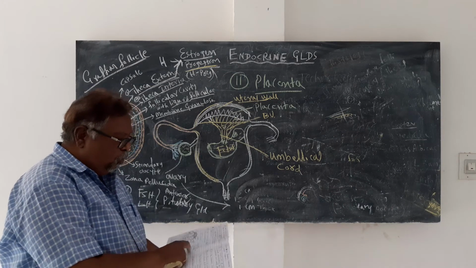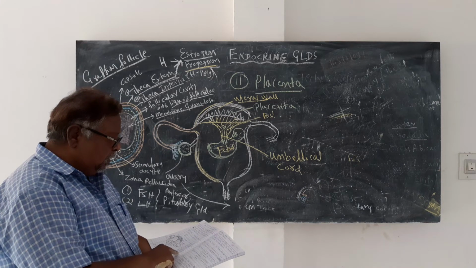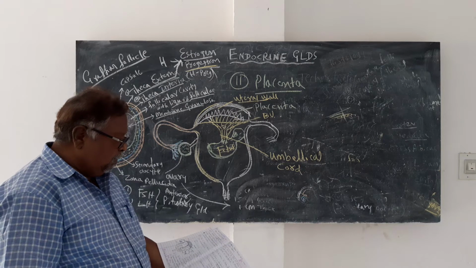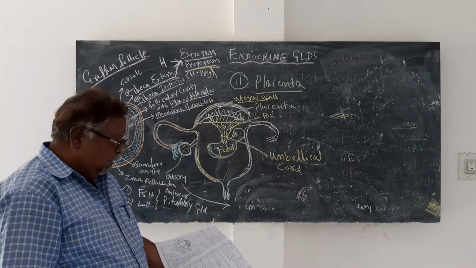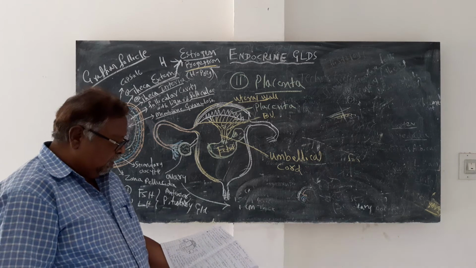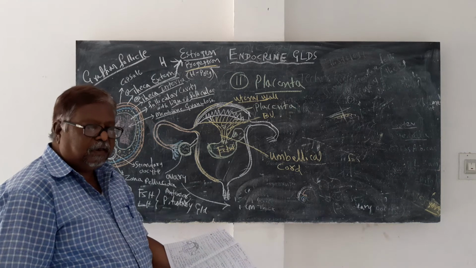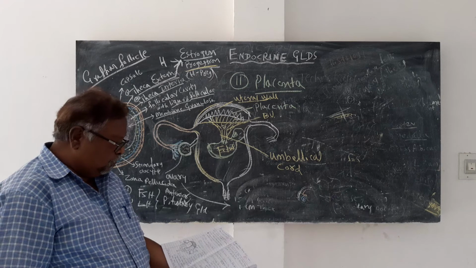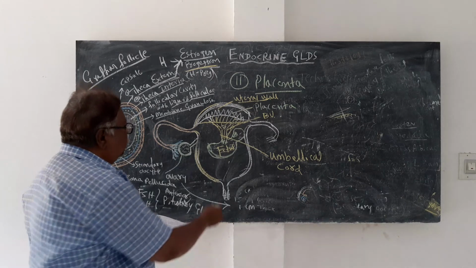Now coming to the first point, the placenta is an organ that develops during pregnancy, only during pregnancy, in the uterus. It is a temporary organ that connects the developing fetus to the uterine wall of the mother via the umbilical cord.